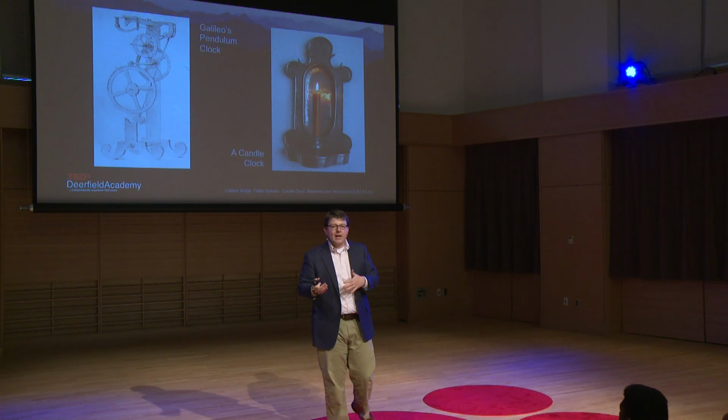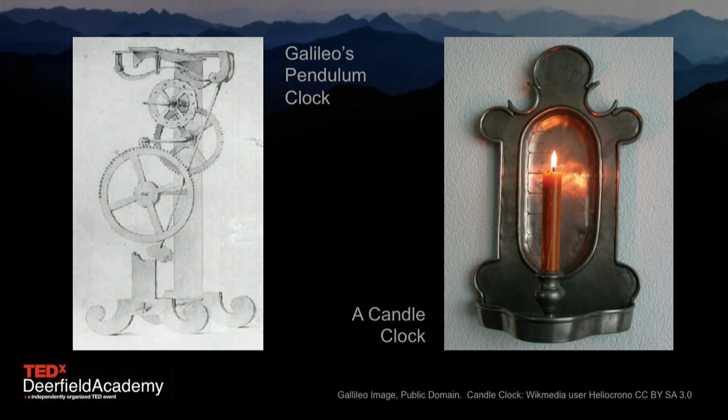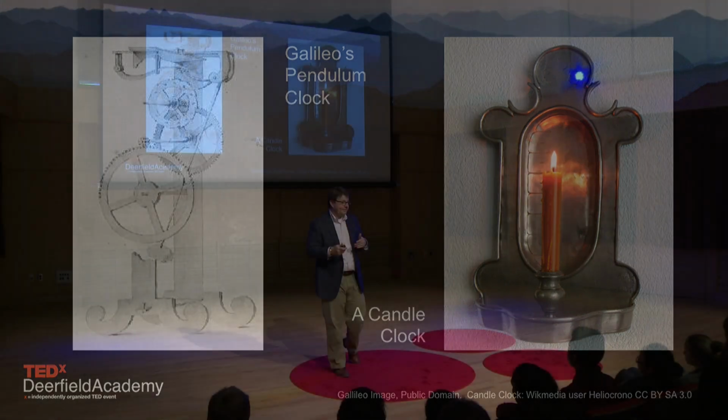But there were other timekeeping devices, such as candle clocks. This candle is designed to burn at a certain rate, and there are little marks on the holder to tell you how much time has elapsed. Now, that's probably not very precise, but at the time that these candles were used, it was a very useful measure. Incidentally, this is where the phrase burning the candle at both ends comes from.